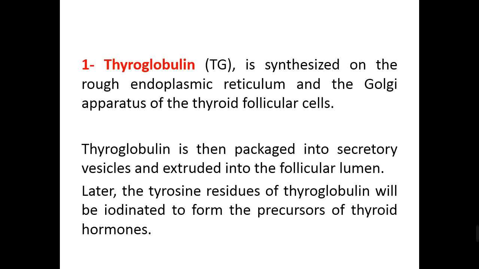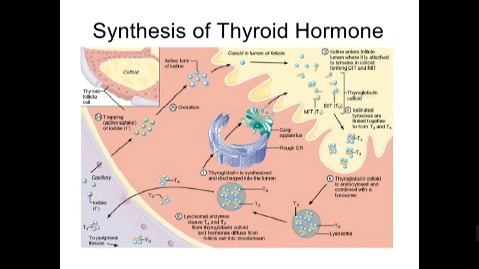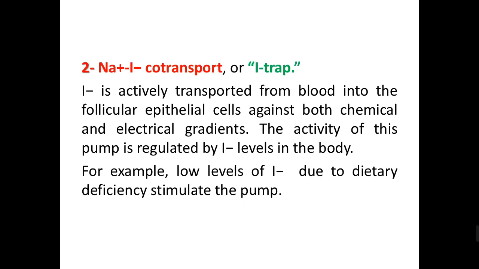Later, the tyrosine amino acid residue of the thyroglobulin will be iodinated to form the precursor of thyroid hormone. This figure will help you to understand the stages of thyroid hormone synthesis.